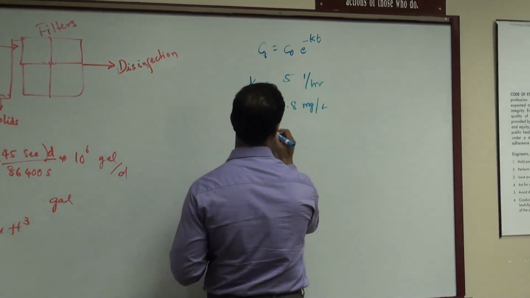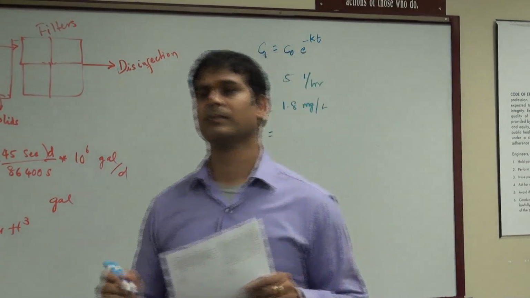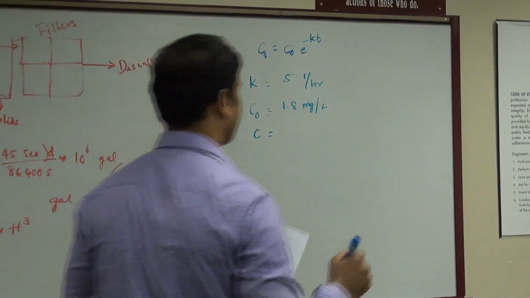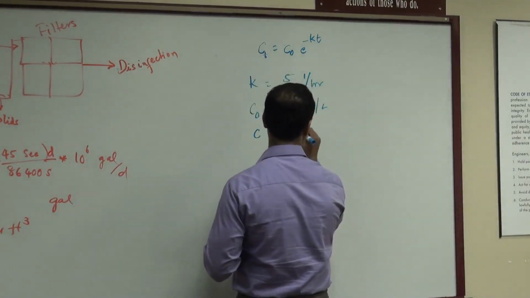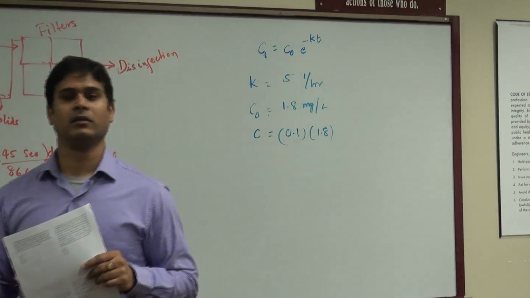So 90% means you are given the final concentration. Your final concentration would be 0.1 times 1.8. Is that clear?